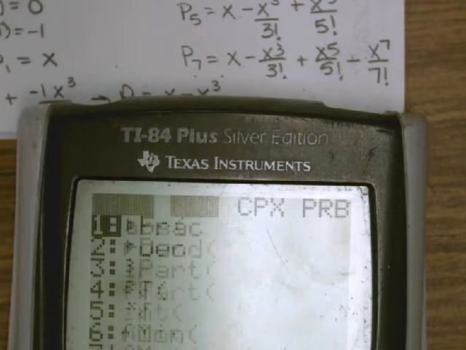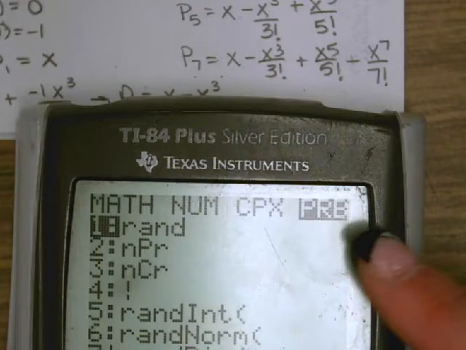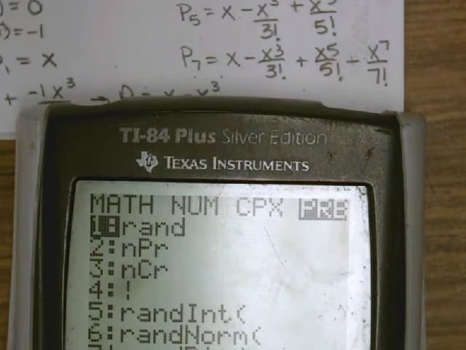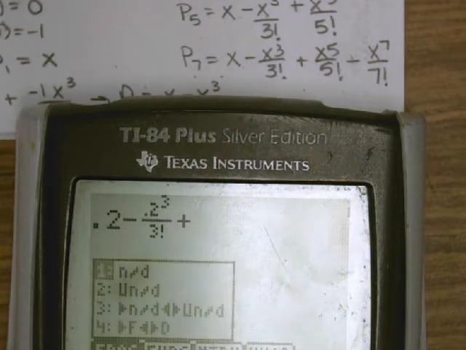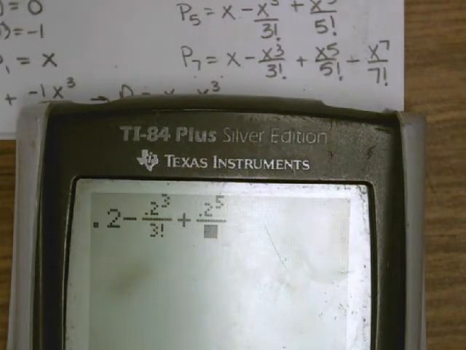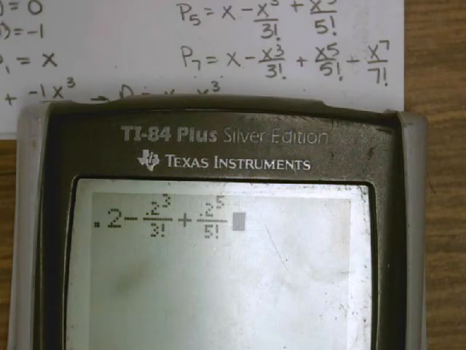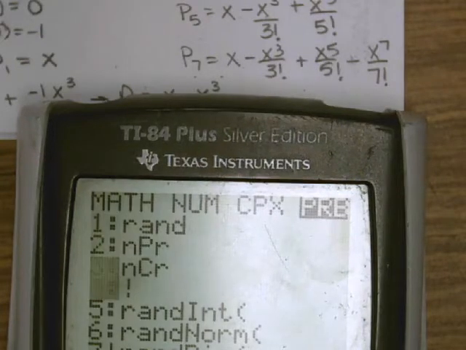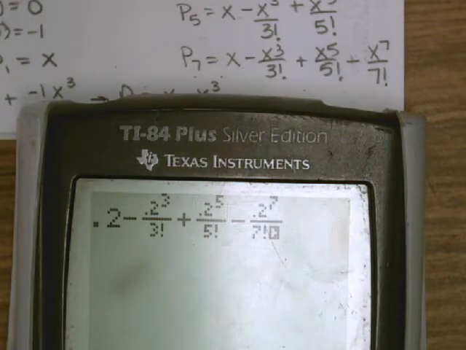And if you guys remember how to get to the factorial, you go to the right over to probability, and then it's option number 4, plus 0.2 to the fifth over 5 factorial minus 0.2 to the seventh over 7 factorial. Okay, I think I plugged it all in right.